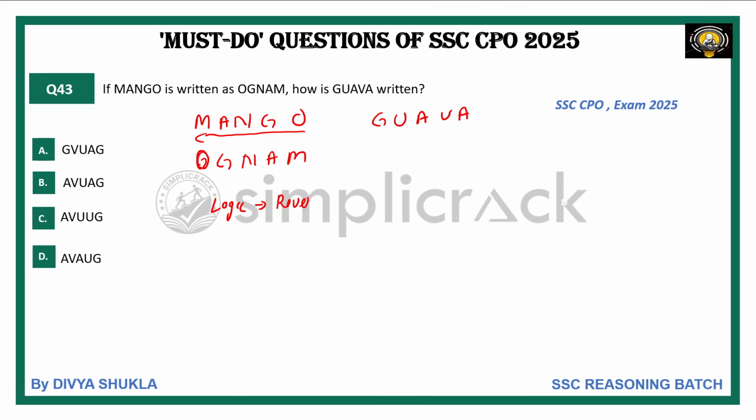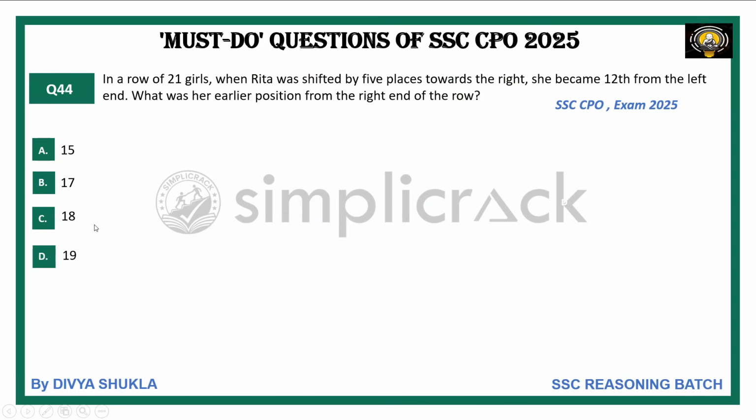Just reverse the letters of guava and you get AVAUG. Option D is the right answer for this question. So that was question number 44.